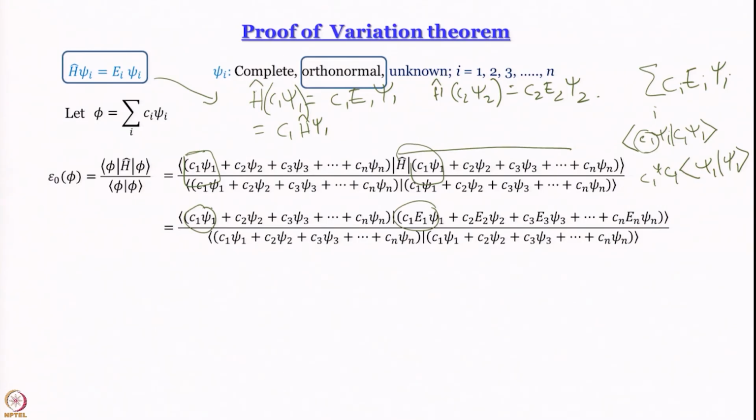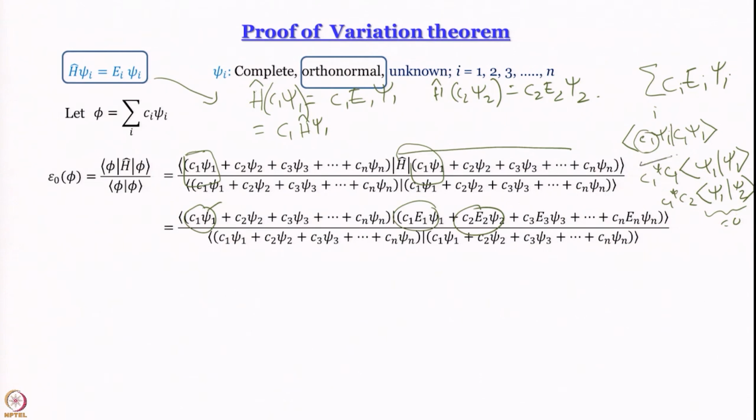Similarly, if I take this term and this term, what will I get? I will get C1 star C2 integral psi 1 star psi 2 d tau, but then orthonormal, right. So, these are all orthogonal to each other. So, this integral must be equal to 0. So, I am only left with C1 star multiplied by integral psi 1 star psi 1 d tau.